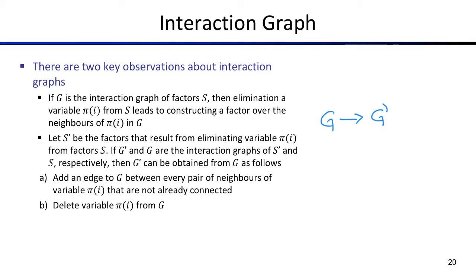We just have to remember the two rules, right? The first one is that when we eliminate one variable, we're going to connect all the neighbors that this variable has in the graph. We're going to connect them together. And after I connected those variables together, I can eliminate the variable pi from the elimination order. And we keep doing that until we have just the variables that we are interested in the query.